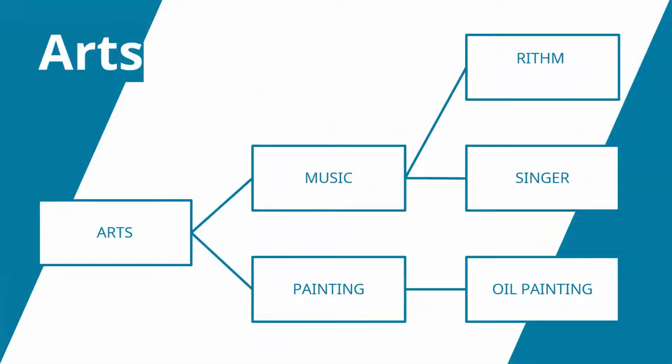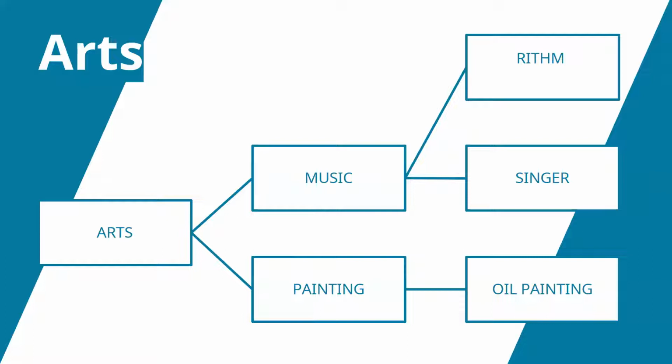This is my place, arts. When we teach arts, we can have these words: music and painting, oil painting. Like we ask students, describe this painting for me, please. This is a word tree or something like that. I'm so sorry if it's not, but students can get information from it.